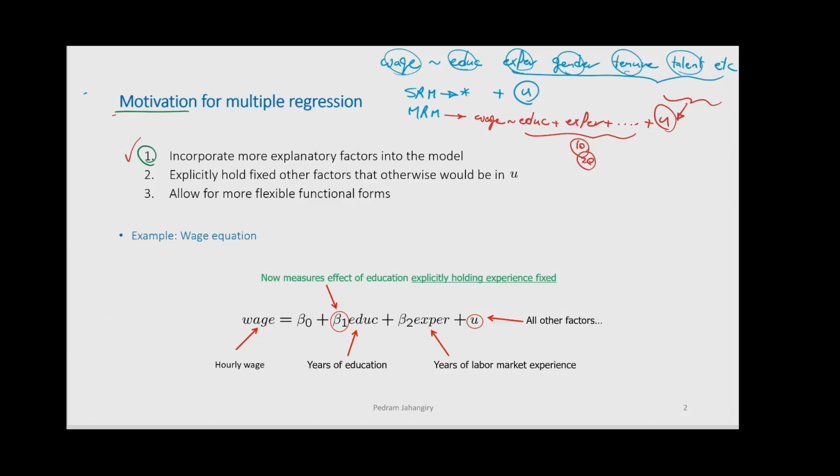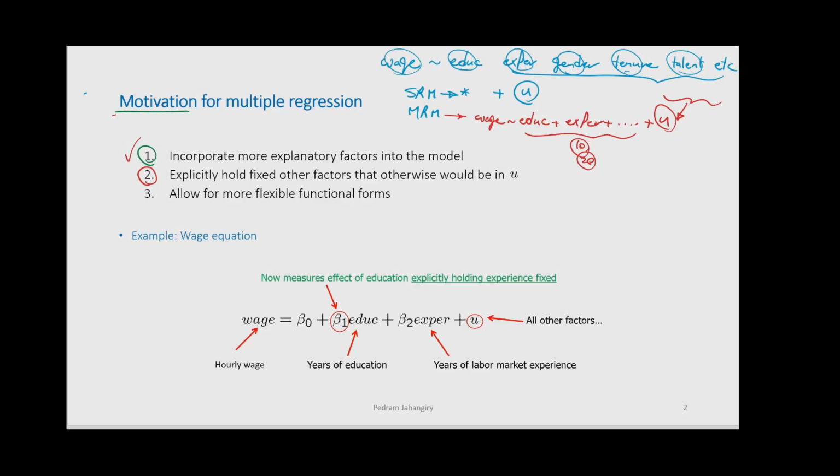So that's important. Number two, with controlling for those other explanatory variables, we can explicitly hold them fixed. This is very important, okay? Because remember, in simple regression model, we said that in order to have a causal interpretation, the notion of ceteris paribus was playing an important role, right?